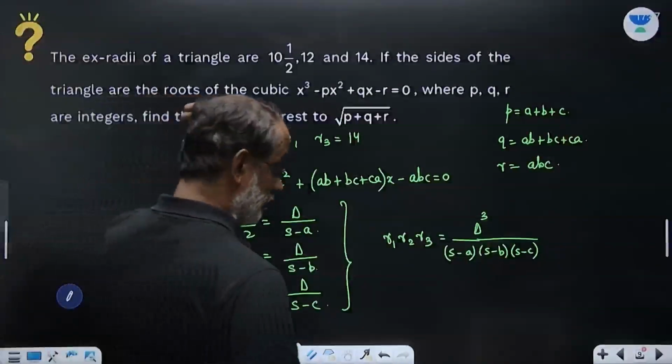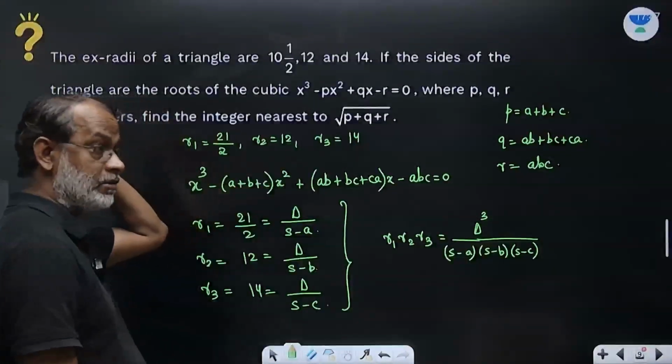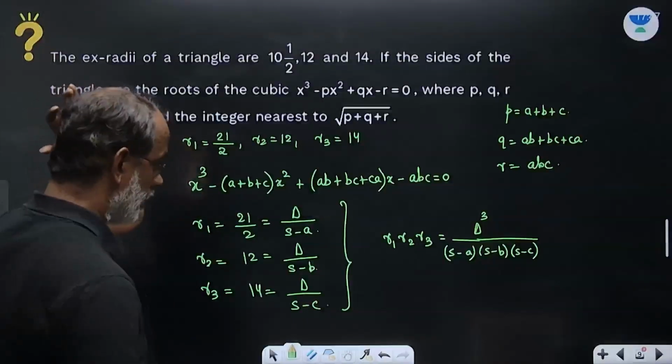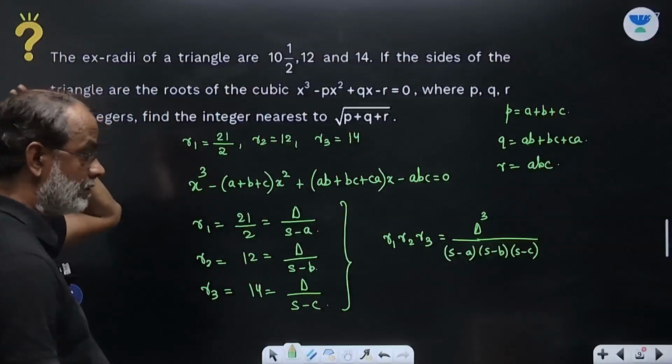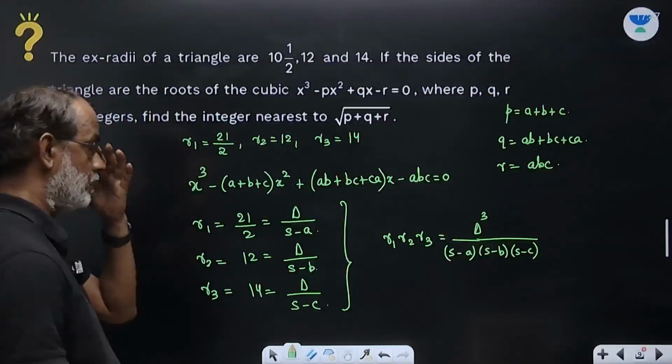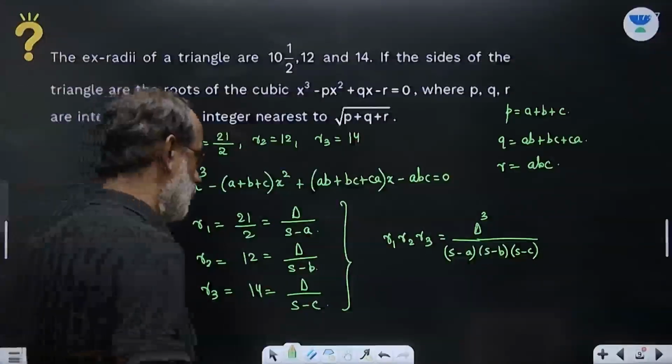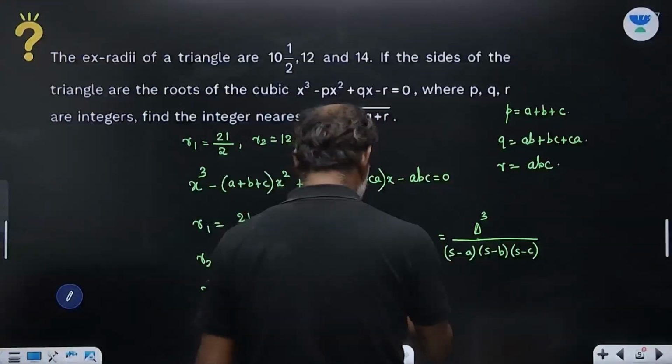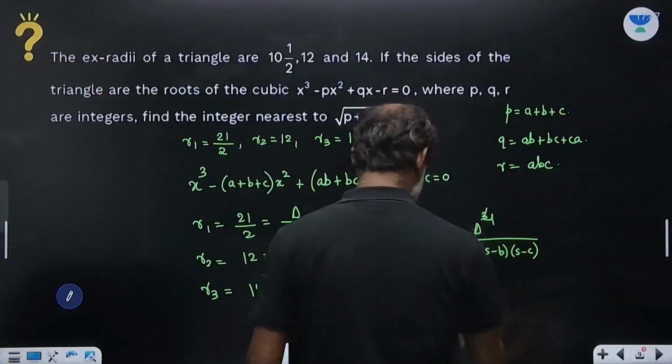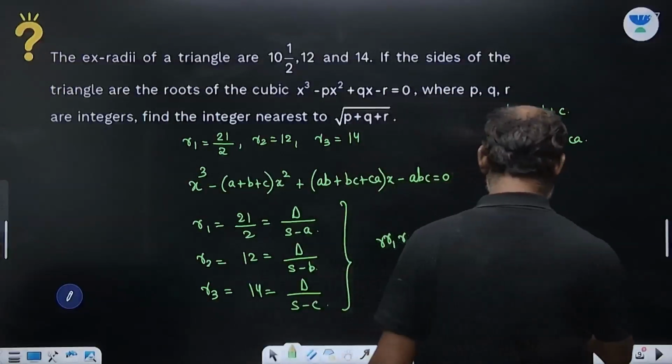In fact, if you multiply it by R, you will get delta square. So R you can very easily find. Okay, if you multiply it by R, this is delta square.